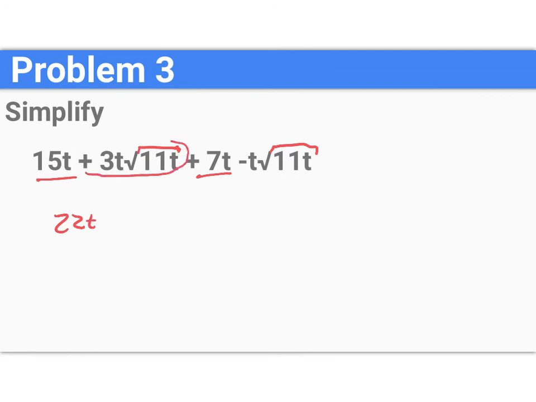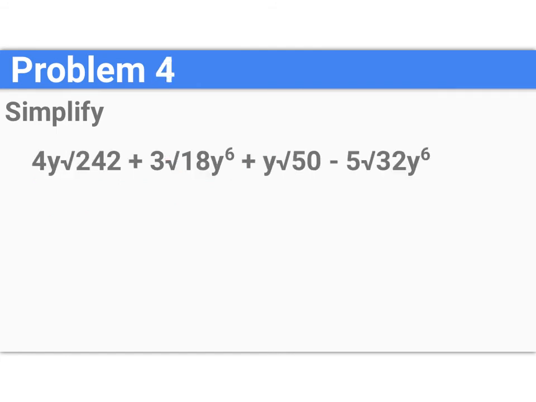And all of this is one term, and all of this is one term. So there's a 1 here. So you got 3t minus 1t becomes plus 2t root 11t. That one is done. All right, so our last one.